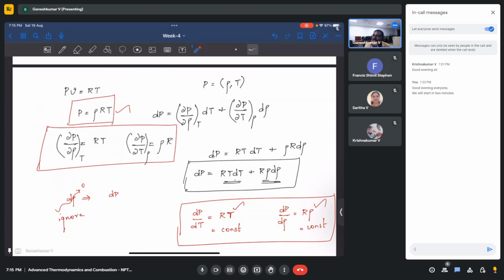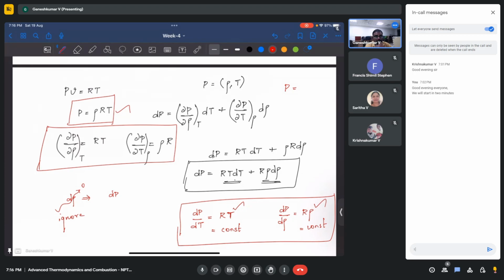Okay, sir. Okay. There might be some functions which may not have that strong a dependence. Let's say you take density for a fluid. A fluid also undergoes changes in density sometimes when there is a change in temperature, but that is very minimal.